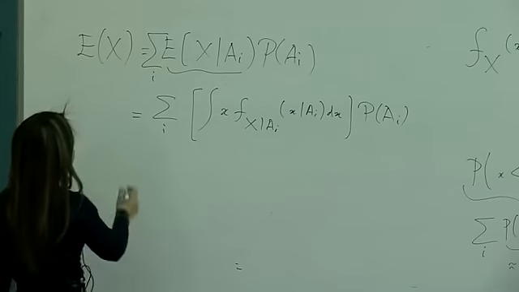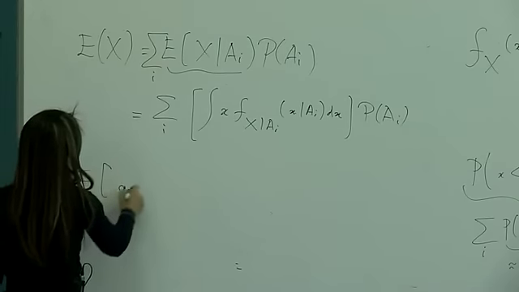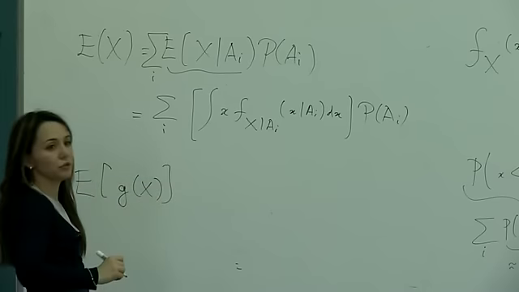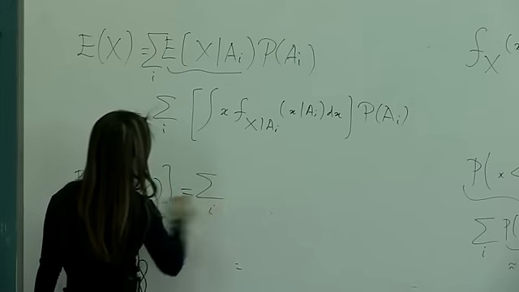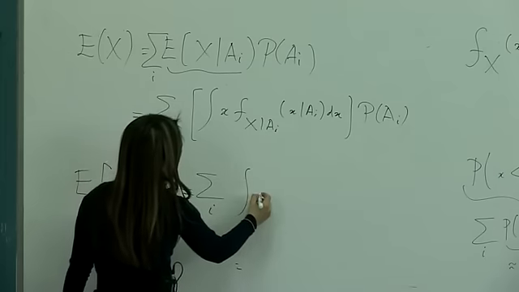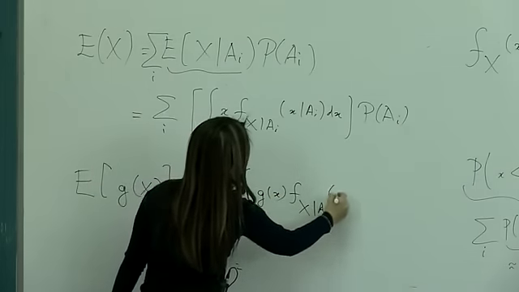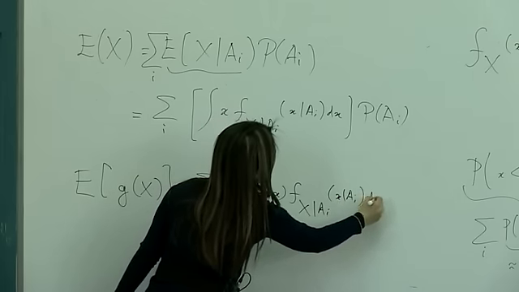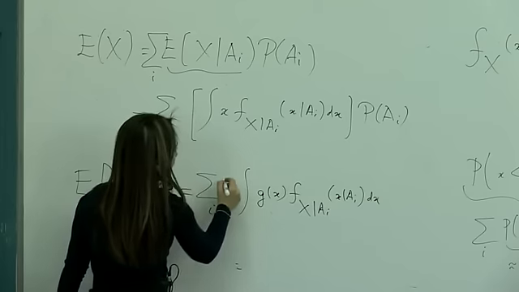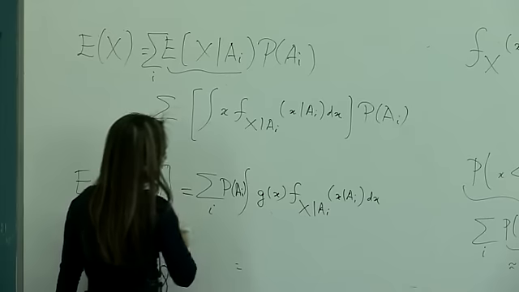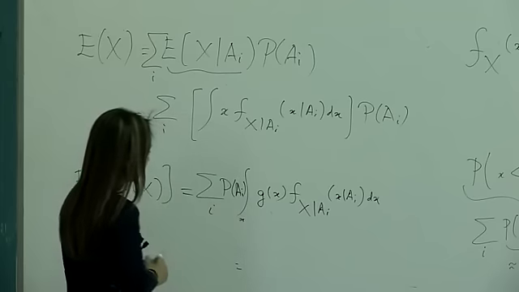And the idea, of course, extends to the case where we want to compute the expected value of a function of X. We can write this as the summation over i of the integral of g(x) f_{X|Ai}(x) dx, multiplied by the probability of Ai factor here, and this is it.